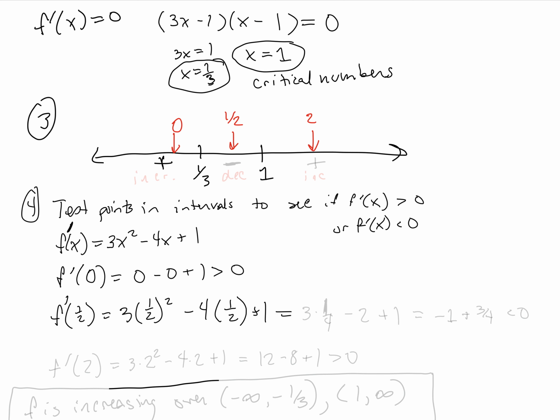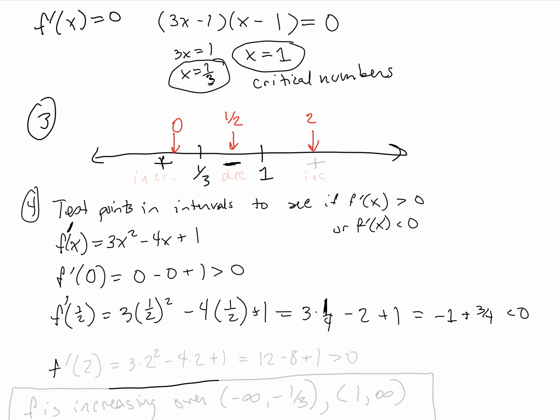So that gives me 3 times 1/4, minus 4 times 1/2 is 2, plus 1. That's negative 2 plus 1 is negative 1, plus 3/4. So that is less than 0. I don't really care about the exact value. All I need to know is, is it positive or negative?